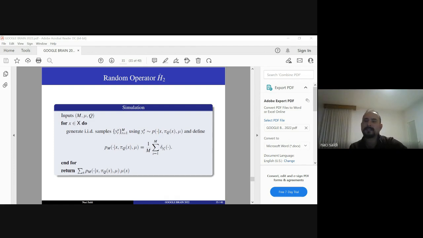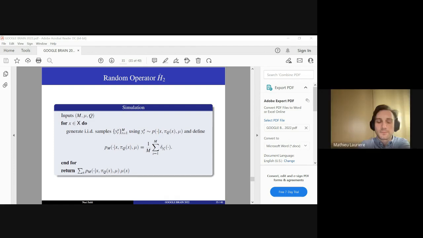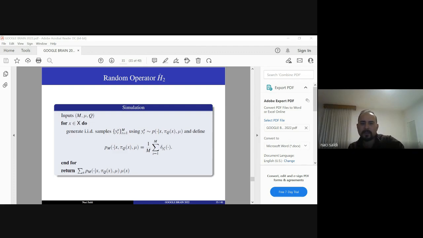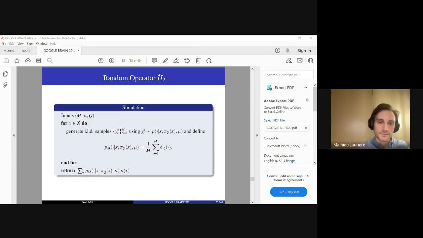Yes, exactly. This is another way to do that. In the algorithm, you can apply this transition probability several times, and then maybe you converge to the invariant distribution corresponding to your policy pi. So you can also do this. Makes sense. Sounds good. Thank you.